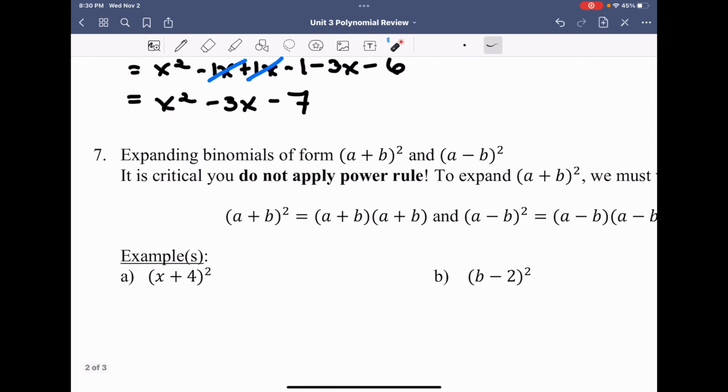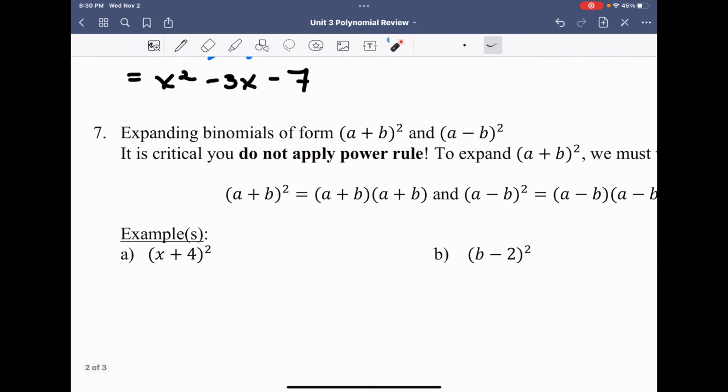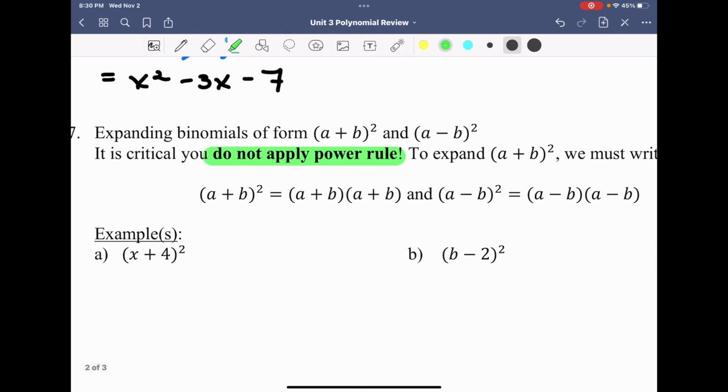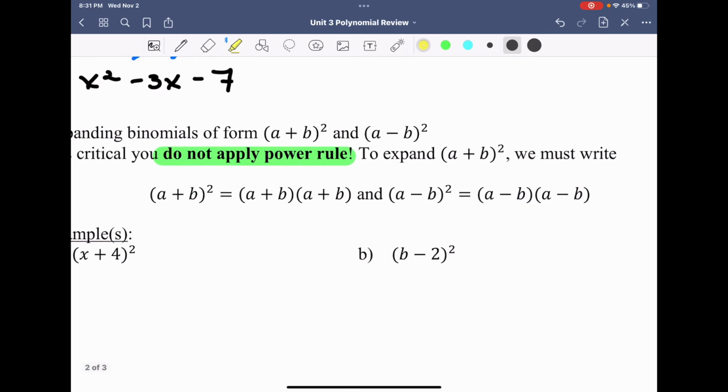All right, expanding binomials in the form of a plus b squared or a minus b squared, it's critical that we do not apply the power rule, meaning to expand this binomial that's squared, I need to write it as the same binomial written out twice. It would be completely wrong. This is completely wrong, and I'm going to do it in red just to indicate it's completely wrong.